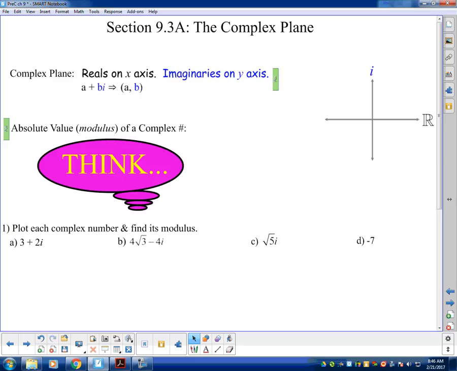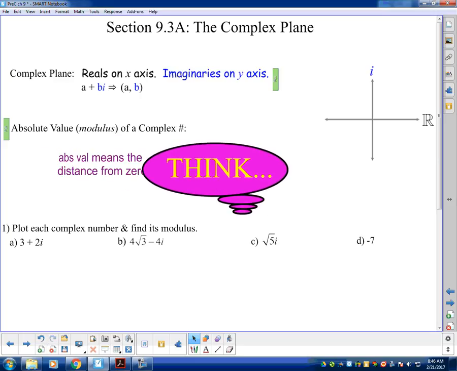And if you want to find the absolute value, which is known as the modulus of a complex number, if you take a course in complex analysis, you'll talk about the modulus quite a bit. You just have to think about, what does absolute value mean?